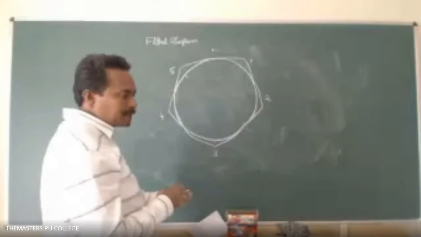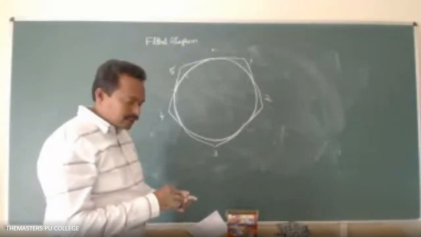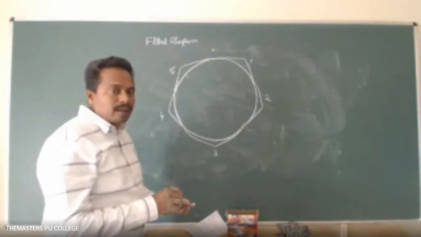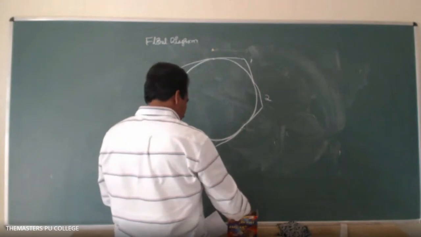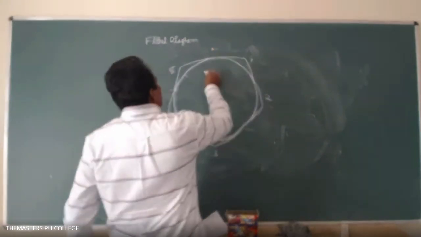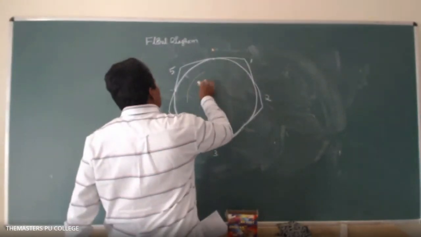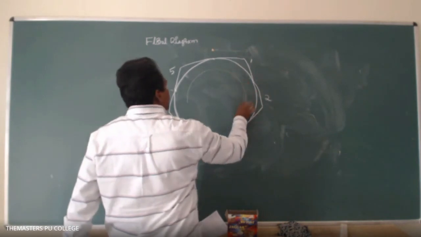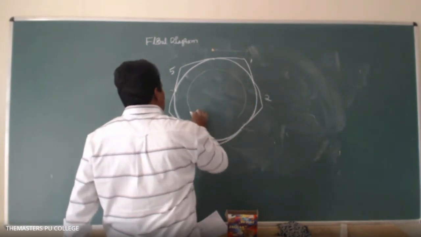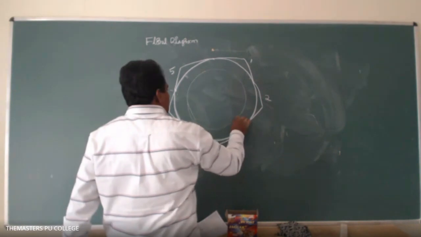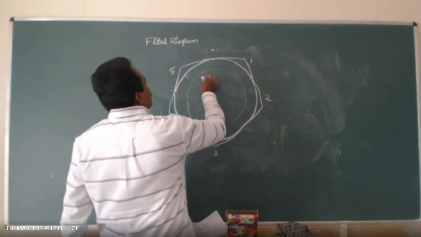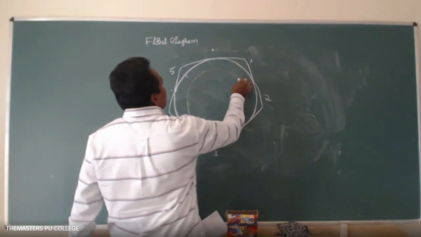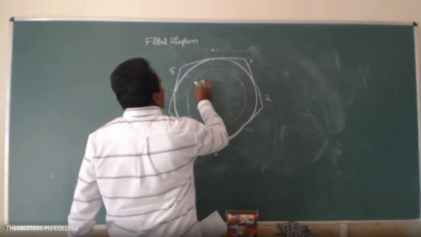How many petals are present in the corolla? Five.